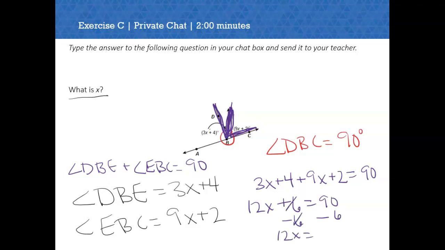So 12x equals 84. Divide both sides by 12, because 12x means 12 times x. So 84 divided by 12 is 7, so x equals 7. We needed to know that that little box in there meant 90 degrees.